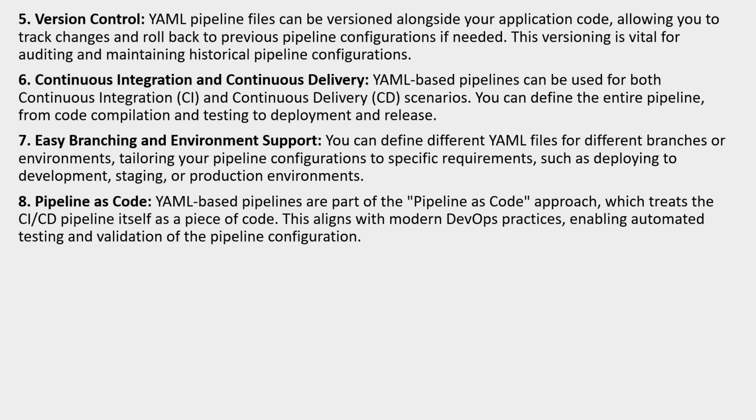You can define different YAML files for different branches or environments, tailoring your pipeline configurations to specific requirements, such as deploying to development, staging, or production environments. Pipeline as code. YAML-based pipelines are part of the pipeline as code approach, which treats the CI/CD pipeline itself as a piece of code. This aligns with modern DevOps practices, enabling automated testing and validation of the pipeline configuration.